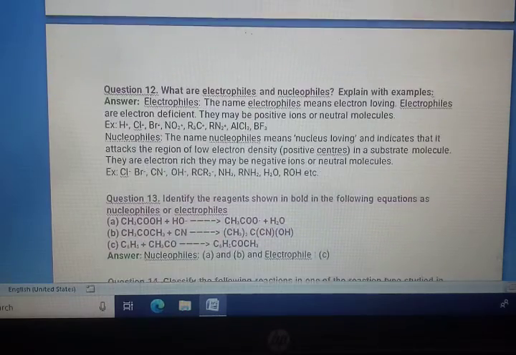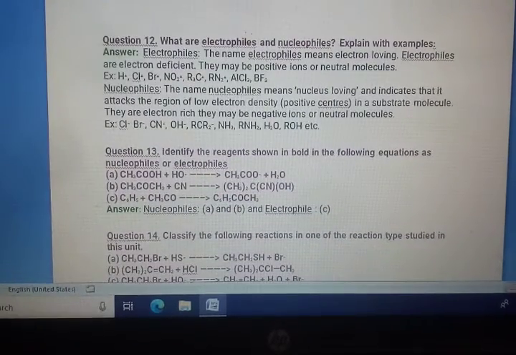Now we are moving towards question number 12. What are electrophiles and nucleophiles? Explain with examples. Electrophile, have you remembered it? Electrophile means the electron is taken away from this element. And when electrons are deposited, meaning it gets a negative charge, that's called a nucleophile. Electrophiles will have a positive charge and nucleophiles will have a negative charge. So electrophiles you can say are electron loving, and nucleophiles you can say are nucleus loving.